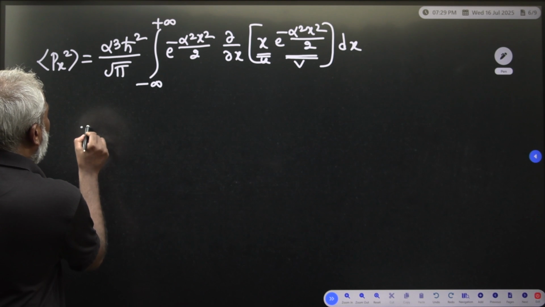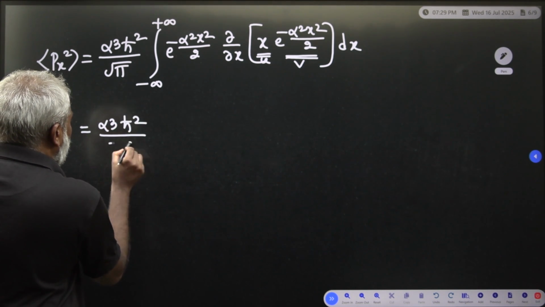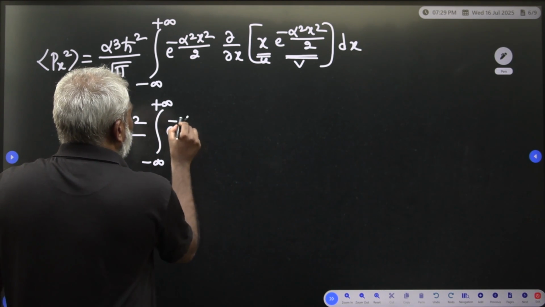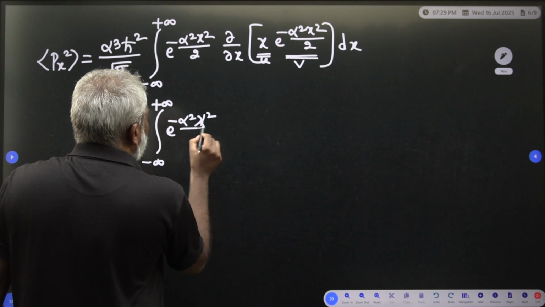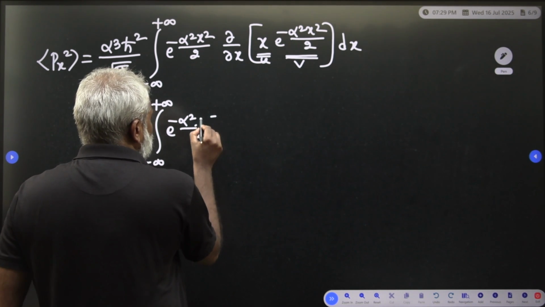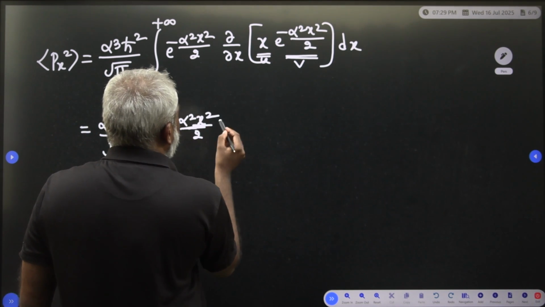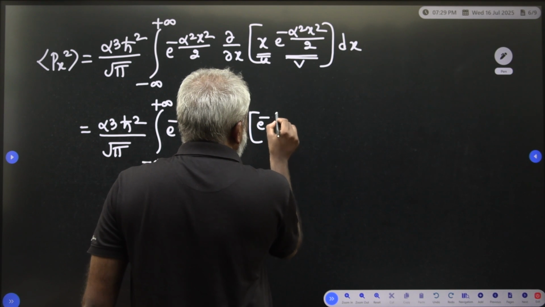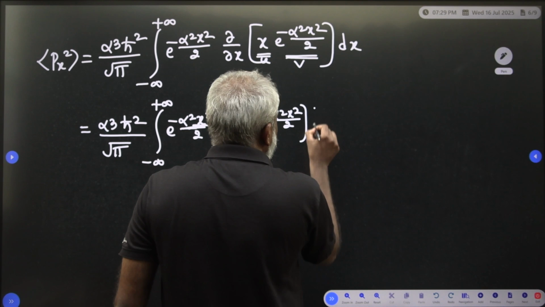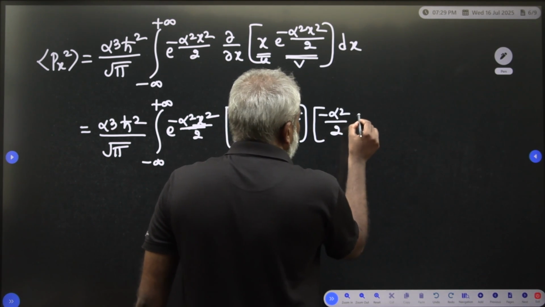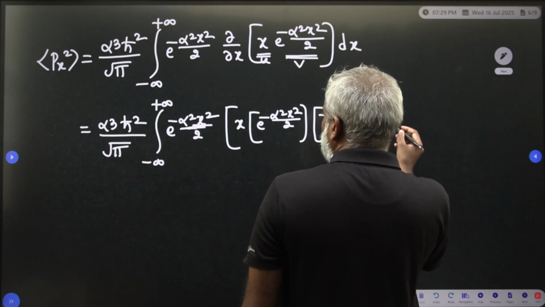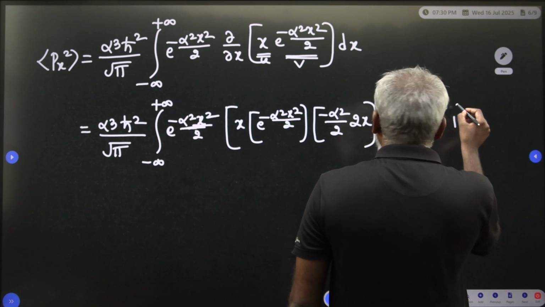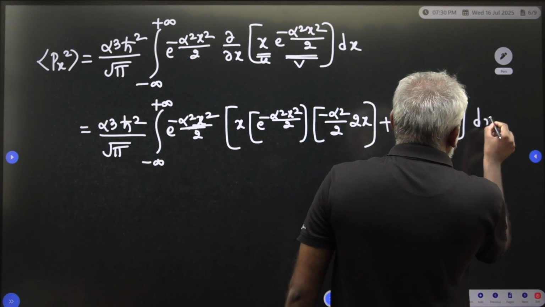So alpha cube h cut square divided by root 5, integral minus infinity to plus infinity e to the power of minus alpha square x square divided by 2 into x into, you have to differentiate e to the power of minus alpha square x square divided by 2, into minus alpha square divided by 2 into again 2x, plus e to the power of minus alpha square x square divided by 2 into, you have to differentiate x, you are going to get 1.